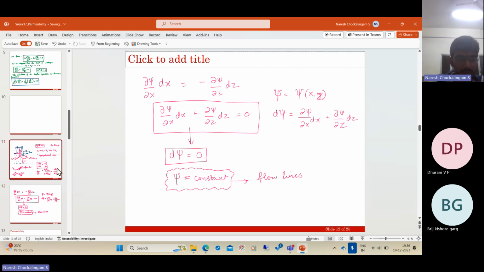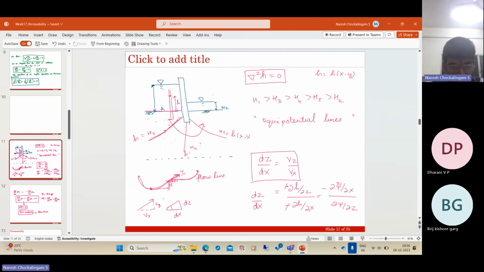Remember, we considered a flow line, which is the path taken by a fluid. You draw a tangent to a flow line, it is the velocity vector of the fluid at that point. But the tangent to the flow line by calculus is also dz/dx, which is the slope of the tangent.